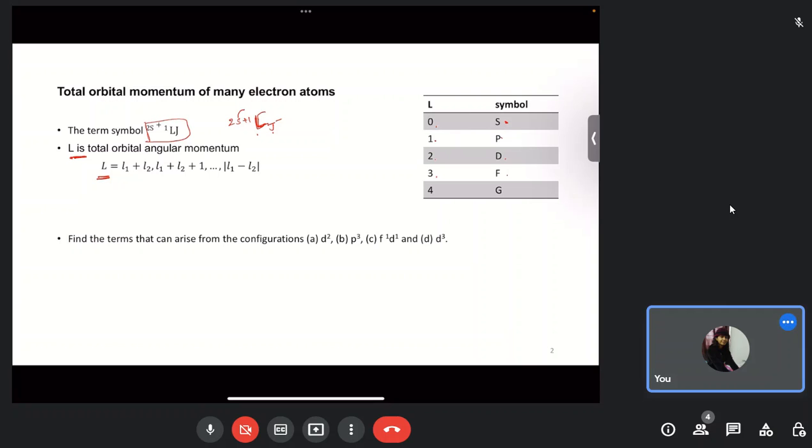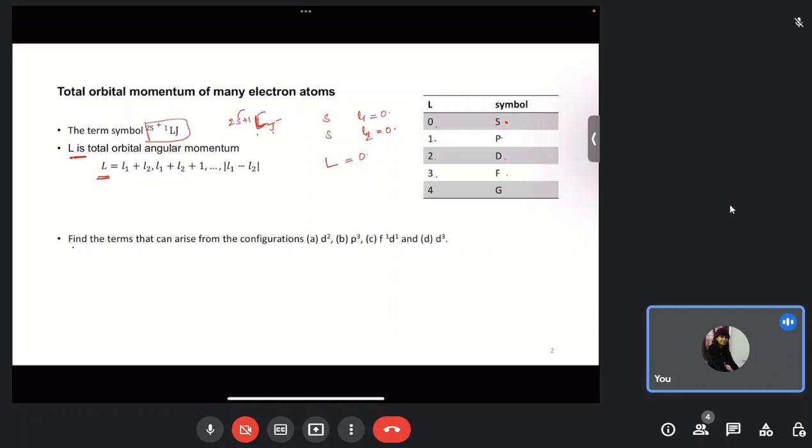If your electron is in an s orbital, then your L1 is going to be 0. If you have one more electron in the s orbital itself, then your L2 is going to be 0. Which means your capital L can only have one value, which is 0, since L1 plus L2 is 0, and L1 minus L2 is also 0.